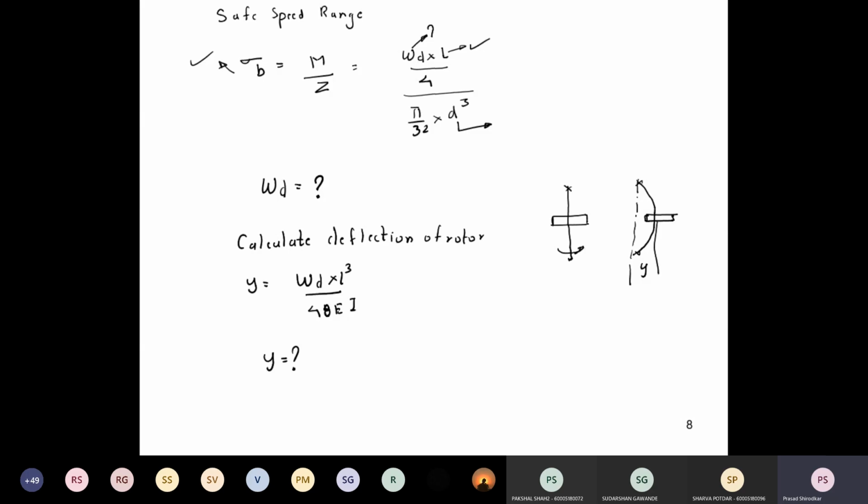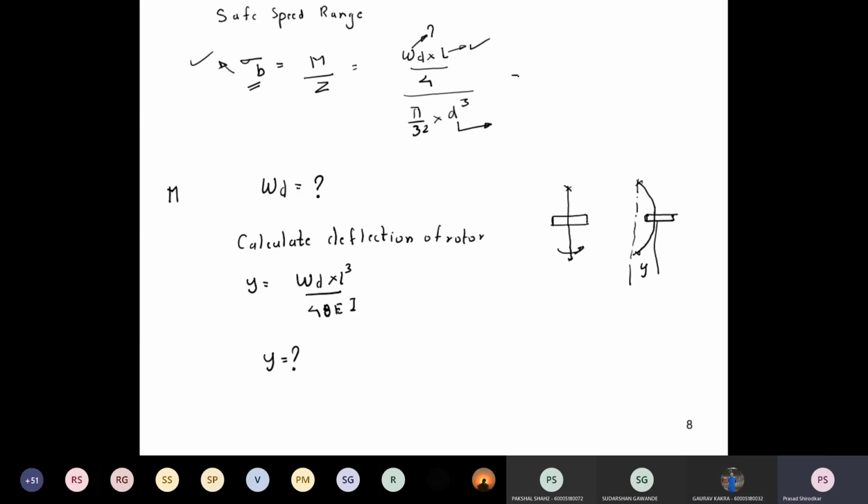How do you get sigma B? Pardon? How do you get sigma B? Sigma B is given in the data. No, check the formula. Sigma B you have to substitute. Alright, here sigma B is equal to W_d into L by 4 by pi by 32 into D cube. How do you get that expression?